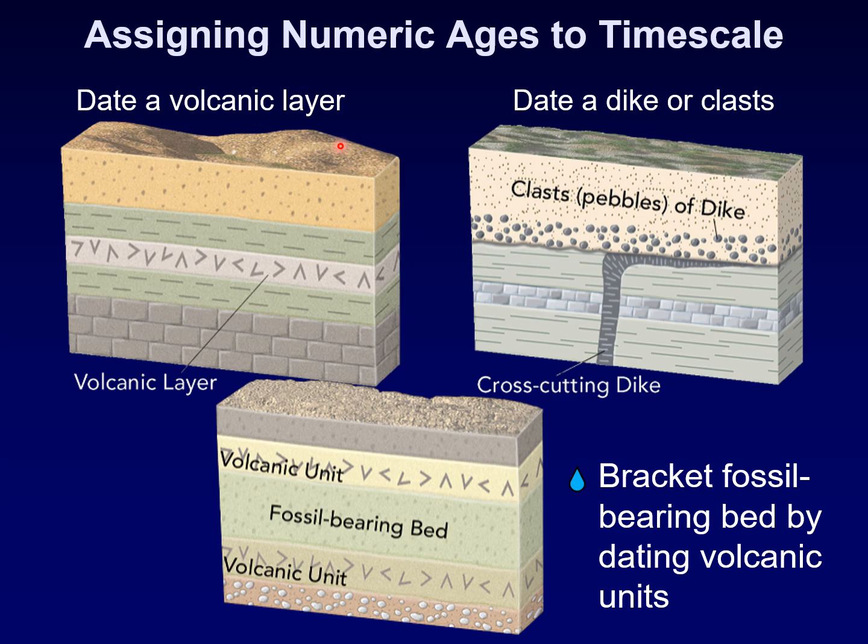So let's look at how we use absolute age dating and relate it to relative age dating and come up with timescales. So we have some sedimentary rocks here. We're not going to necessarily get great absolute age dates out of those. And why do you think that might be? Well, sedimentary layers are made of weathered rocks, right? And so if we find, let's say, a little zircon grain in a mudstone, that doesn't tell us when the mudstone was deposited.